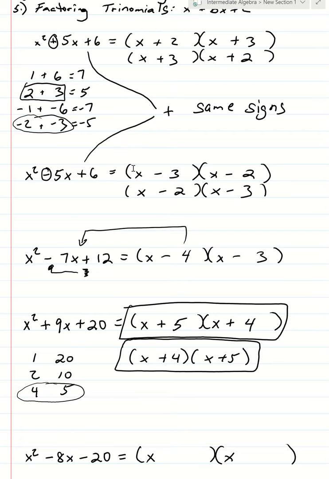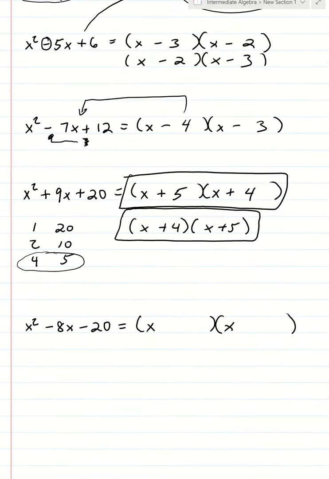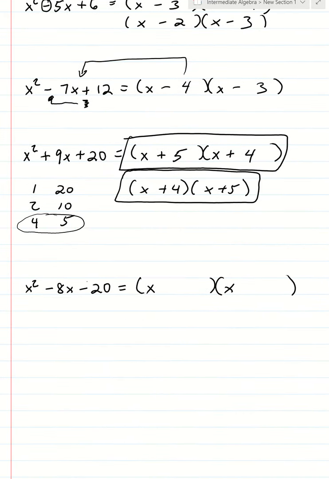And in all those cases, in those 4 examples that we did, I had indicated that because you are adding that last number, you're going to have the same signs inside the parentheses. But now we see here that we are subtracting that 20. And when you subtract that last number, that means you are going to have, in fact, different signs inside the parentheses.